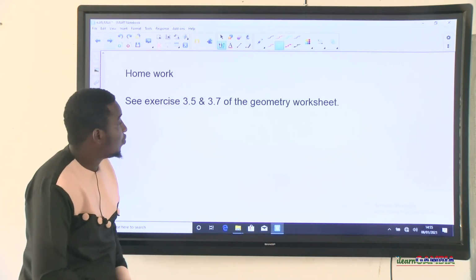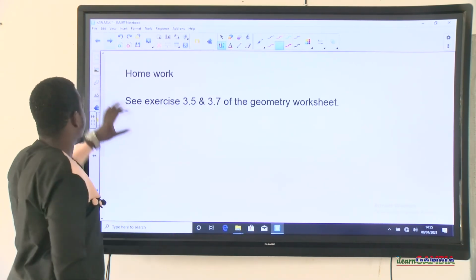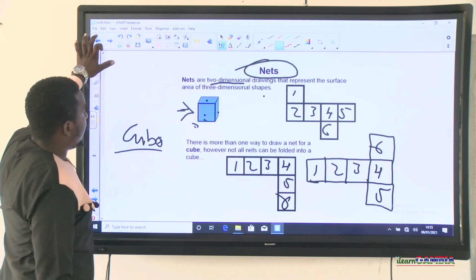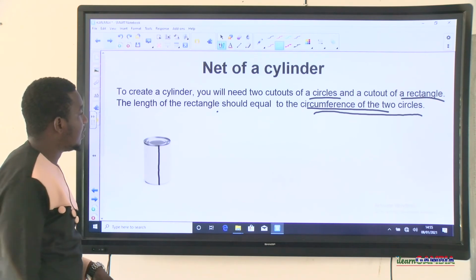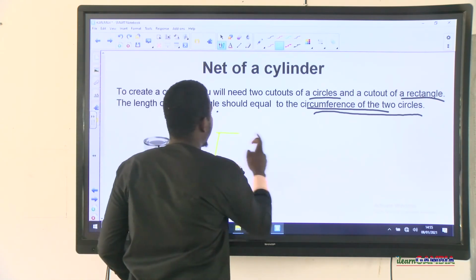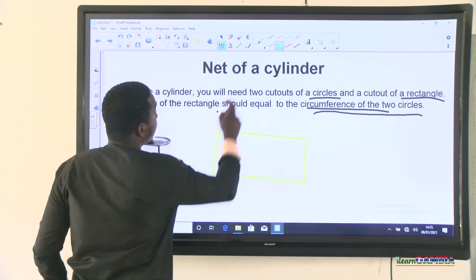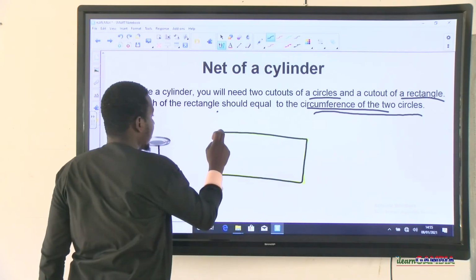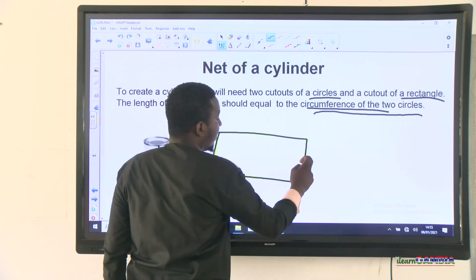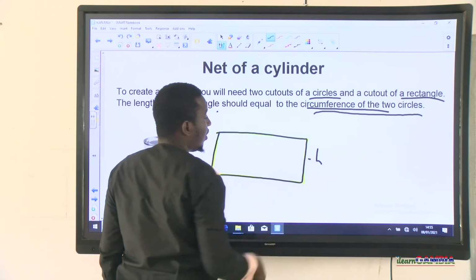And that brings us to the end of the lesson. Remember, we've talked about three of them. We've talked about cylinders. We said in order to have a cylinder, what we need is a rectangle, and the width of the rectangle here forms the height of the cylinder.